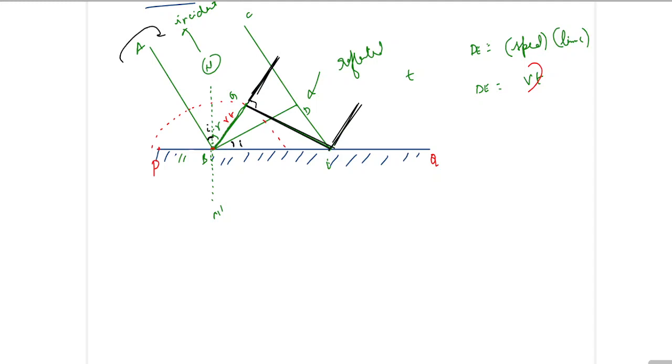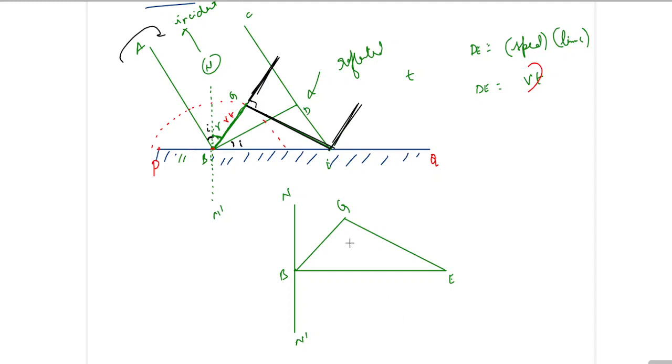And here also, look at this triangle. This is R. Just redraw this. The normal here is something of this kind. This is the point B. This is normal N dash. We have point G here, and this is point E. Don't get confused with the ray BD.